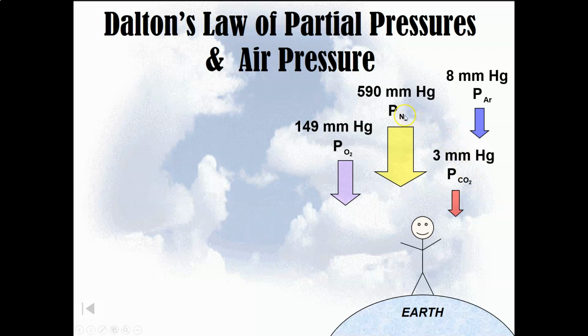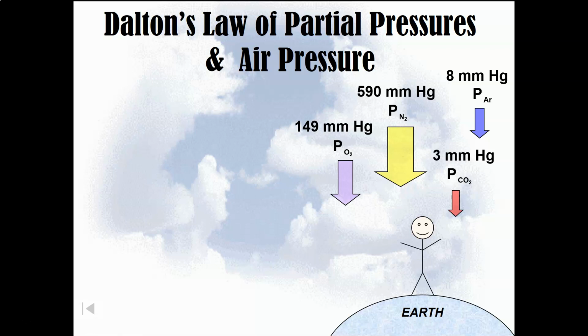Okay? Well, nitrogen is exerting 590 millimeters of mercury worth of pressure on this poor little person. Most of the air is the nitrogen here, right? So a huge portion of the pressure is coming from the nitrogen. At the same time, the oxygen is pushing on them, the carbon dioxide, the argon, it's all contributing. All those collisions are happening.